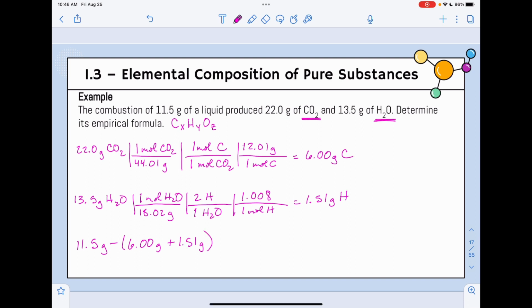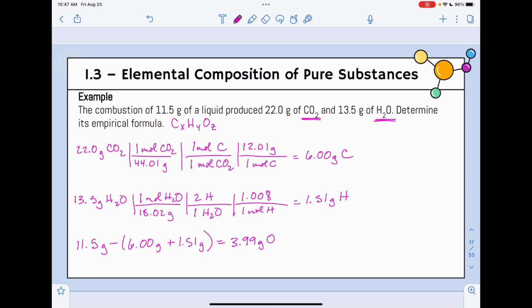So if I take both of those away, that leaves me with 3.99 grams of oxygen. Okay, so now I know the mass of each of my individual elements. So I'm going to convert them to moles so that I can then get to my formula.